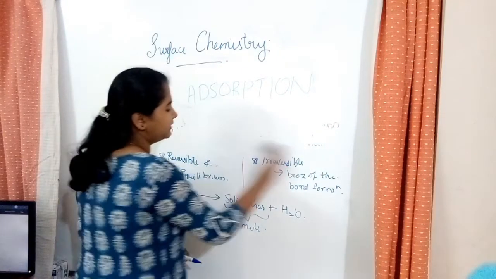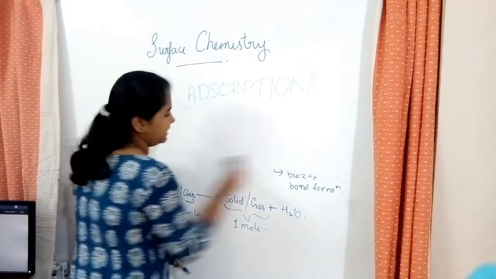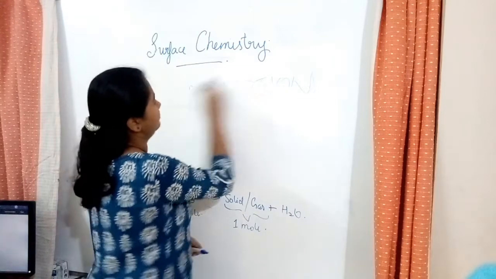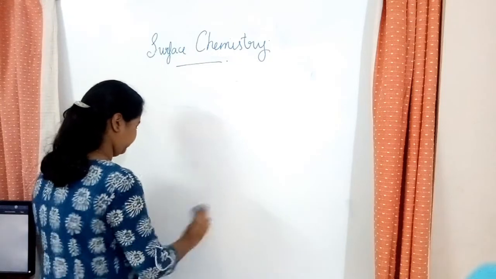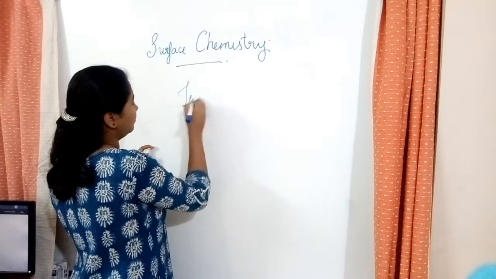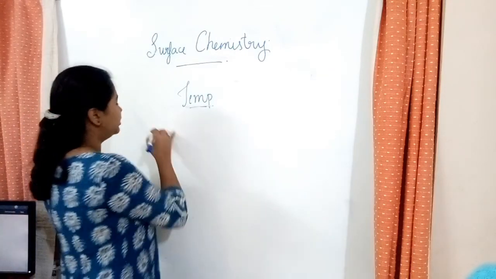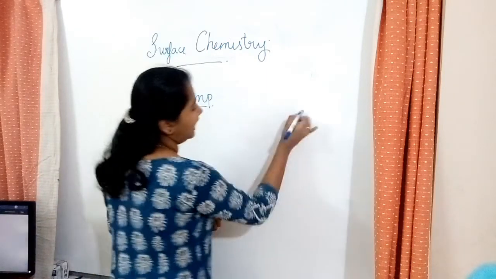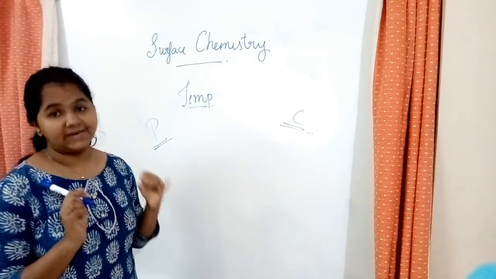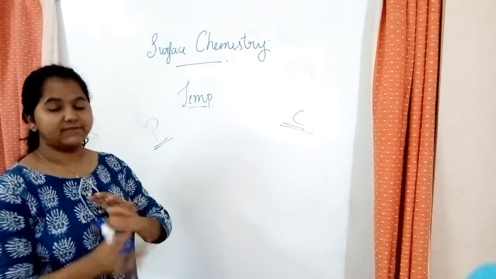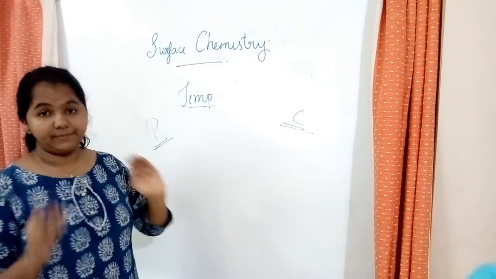Now we are going to learn about the effect of temperature. Temperature is the next topic. We have to discuss both physisorption and chemisorption. Physisorption is a reversible process, and secondly we learned that equilibrium is attained quickly.